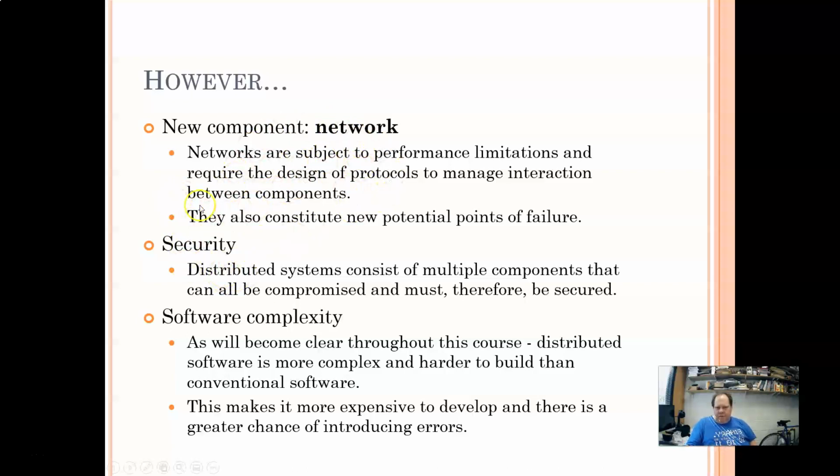The other issues related to the introduction of a network component is that because the system is spread over multiple nodes, we don't just have to secure the one machine that contains the program. We have to now secure all of the machines that are part of the program, and we have to secure all of the communications between those machines. And finally, adding a network, adding this distribution, increases the complexity of the software.